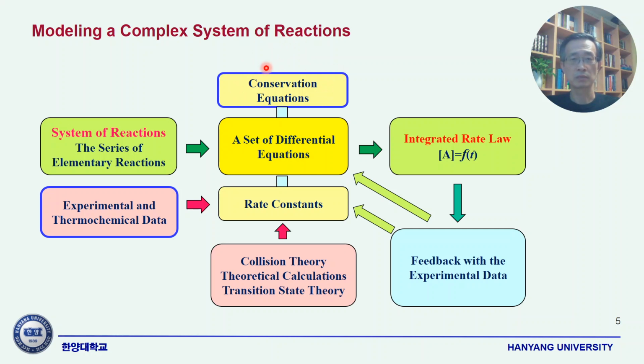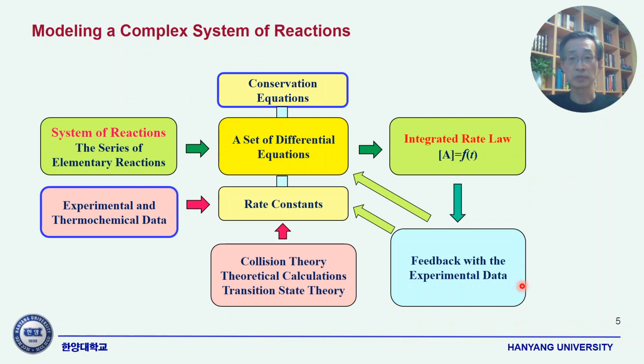by incorporating the stoichiometric relationship, you solve the set of differential equations that will yield the concentration as a function of time, and then that could also be monitored by your own kinetics experiment.